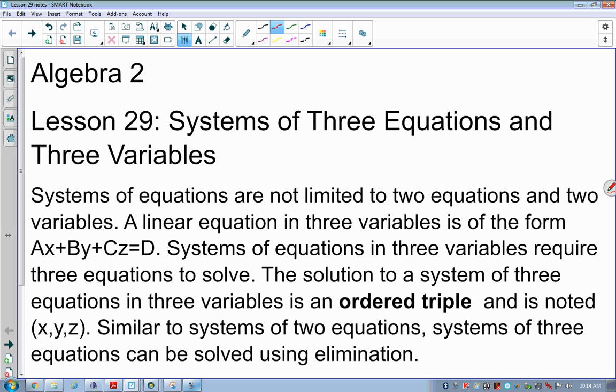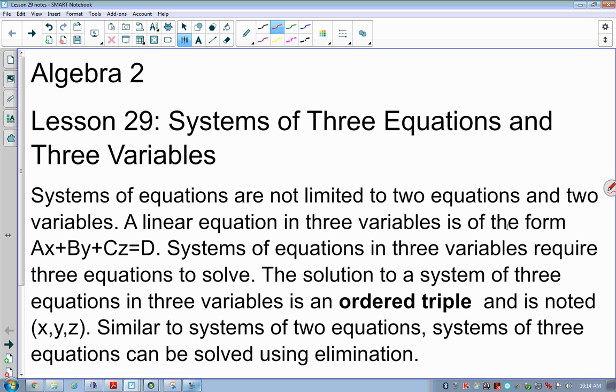All right, so imagine this for a second: you are solving for something that no longer takes place on a coordinate plane, because a coordinate plane is two-dimensional, right? It has length and width. Now we're solving for a coordinate position that has another dimension to it, okay? So imagine if we were trying to find a specific point in this room.